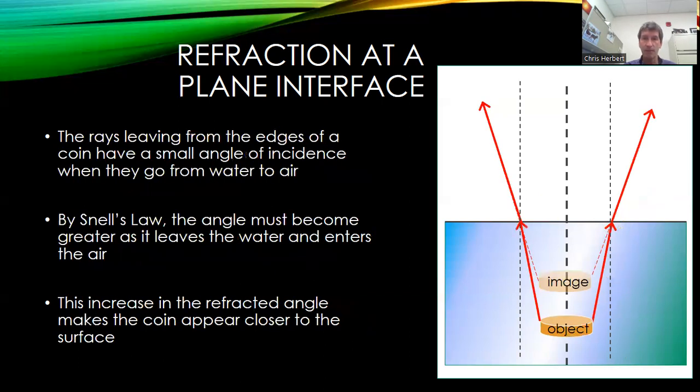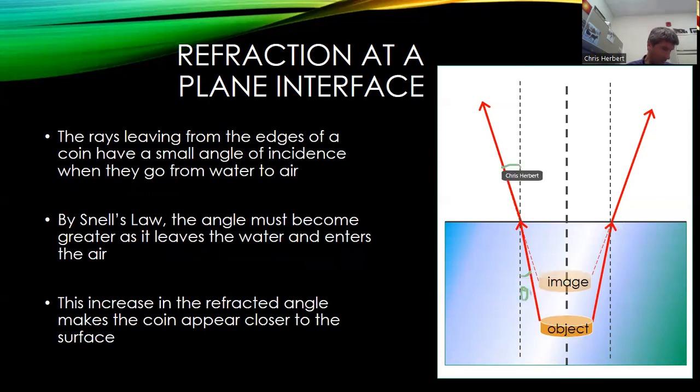Now, take, for example, the image of a coin which is submerged. The actual coin itself sits lower than the image appears. So if you try to go down and grab that coin based on where you think the image is, you're going to go too shallow. Again, we can see why this happens. Here's the angle of incidence, okay?